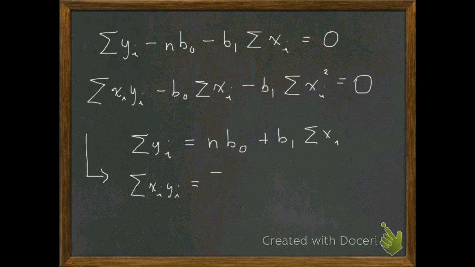So I would have the sum of our x of i's b0 plus, I'll tell you what, I'm going to mess this up a little bit. I don't like the way I wrote that.